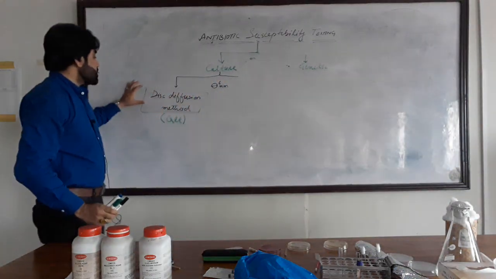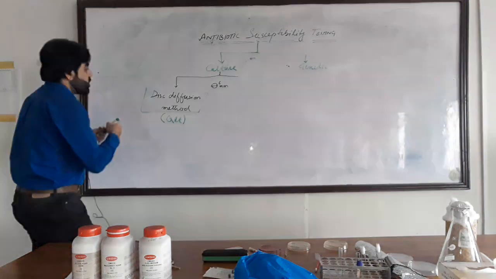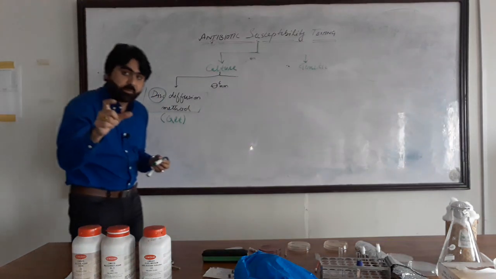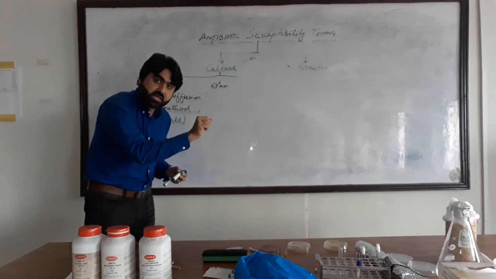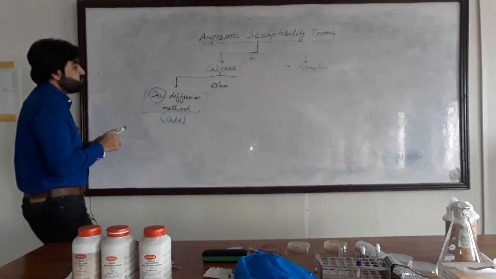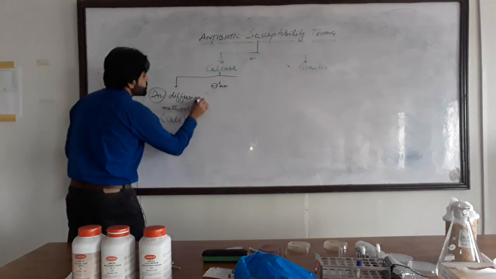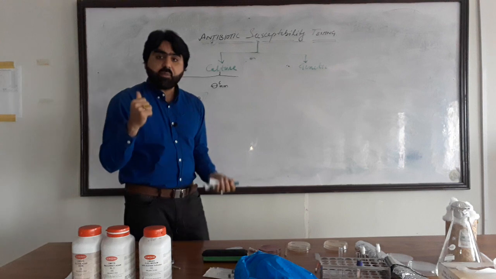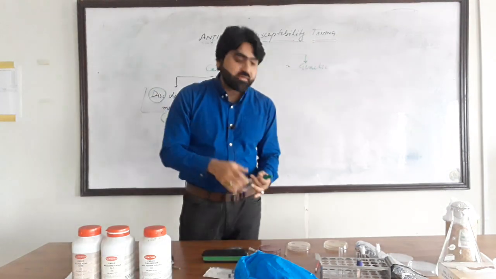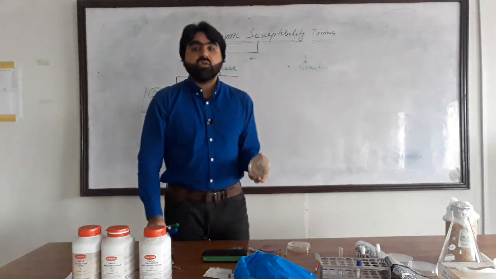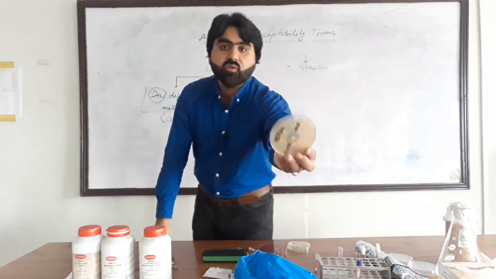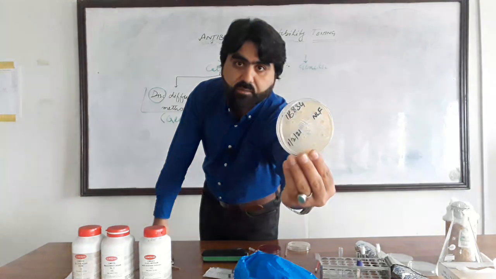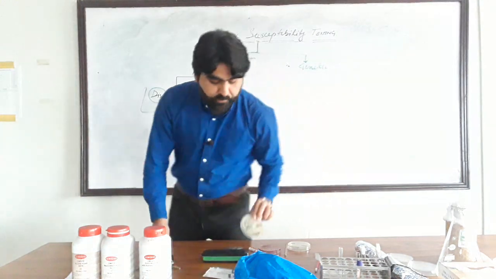This method is known as disk diffusion method because we use antibiotic discs impregnated with a known concentration of antibiotic. Second, we use diffusion. How? Because these antibiotics are placed on the surface of agar. The most commonly used agar is Mueller-Hinton agar. You may have seen this Mueller-Hinton agar with applied antibiotic discs.